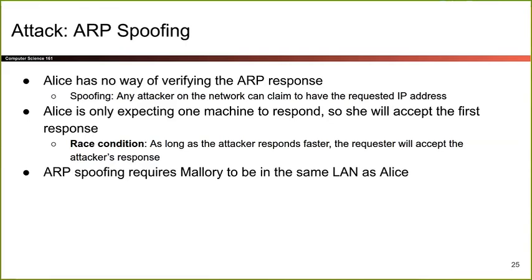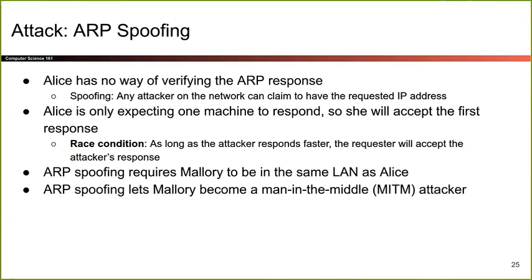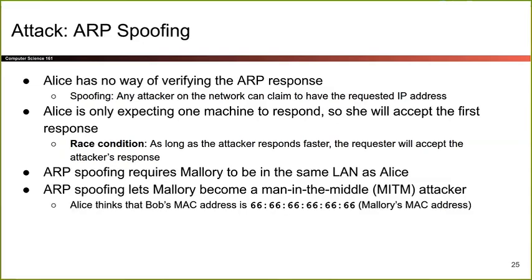So the requirement for ARP spoofing is you have to be in the same local area network as Alice, right? Because you have to be able to see when Alice makes the request and you have to be able to make the response. So you do have to be in the same local area network. It doesn't really make sense to inject an answer from a different network. But once you successfully inject an answer or spoof an answer, Mallory becomes a man-in-the-middle attacker. And why is that?